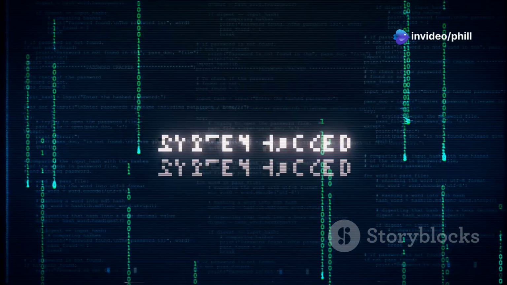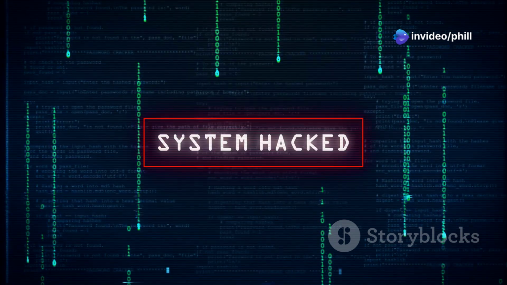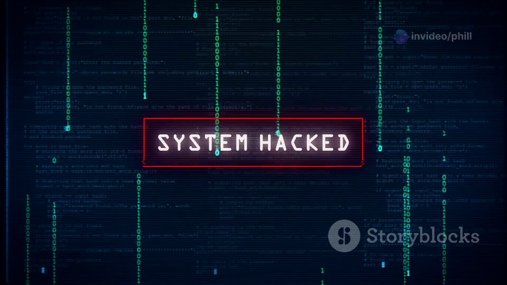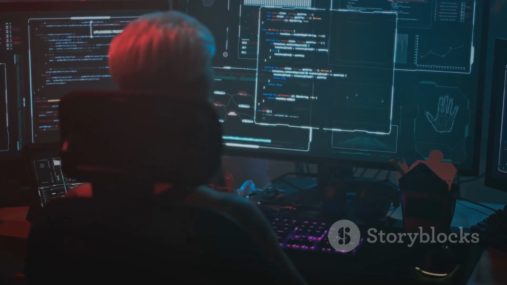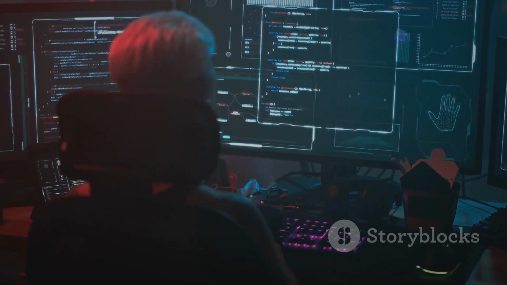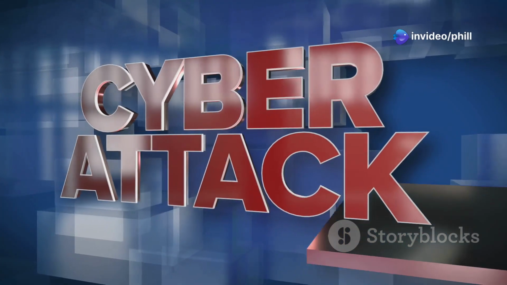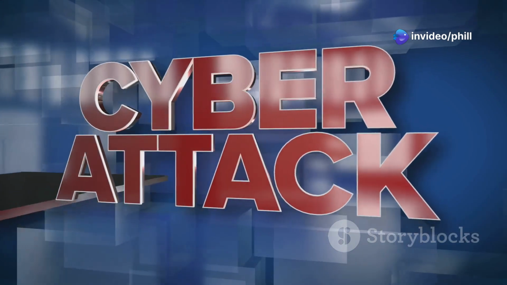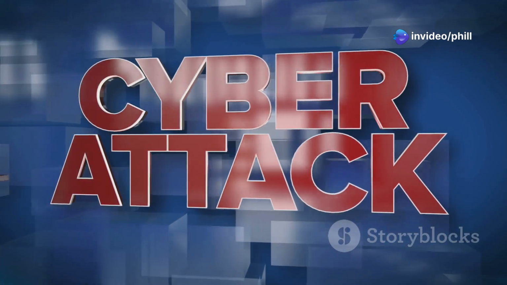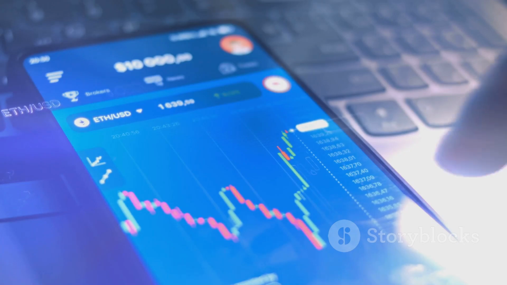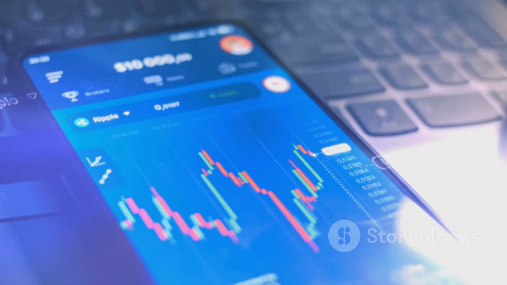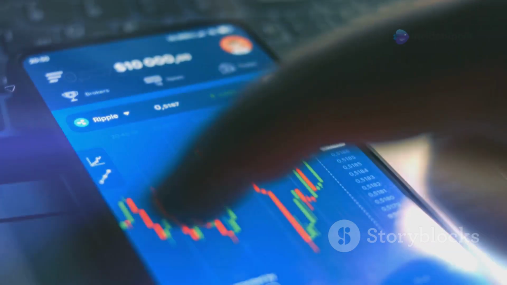System compromise. In some cases, attackers can leverage injection attacks to gain complete control over the targeted system. This can allow them to install backdoors, steal data, or even launch further attacks on other systems. Reputational damage. A successful attack can severely damage an organization's reputation. Customers may lose trust in the company's ability to protect their data, leading to financial losses and long-term damage to the brand image.